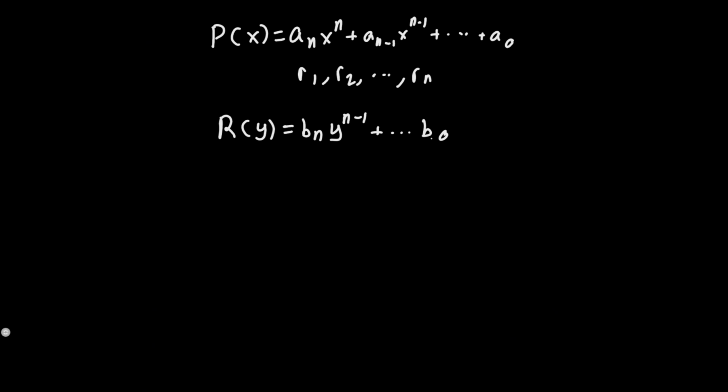And what we're going to notice is that b_n up until b_0 is built specifically with p of x's coefficients. Like b_n could be, for example, a_n times a_(n-3) plus a_(n+2), a_(n+6) squared, and so on. That's an example of what b_n could be.